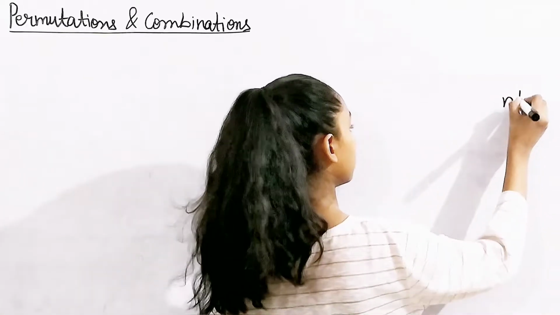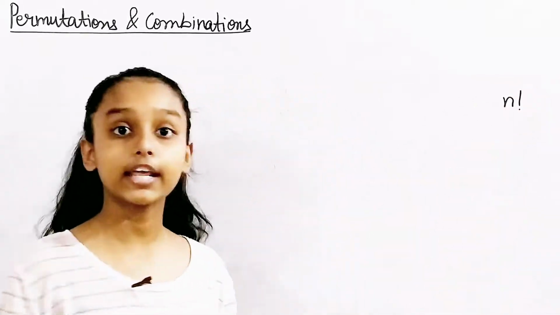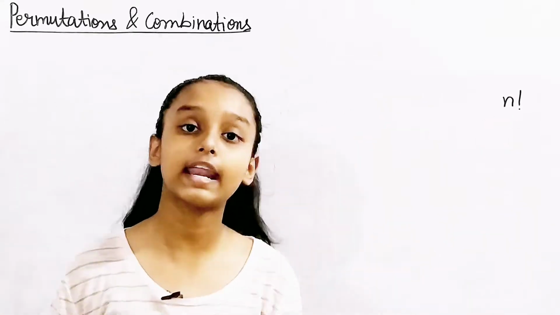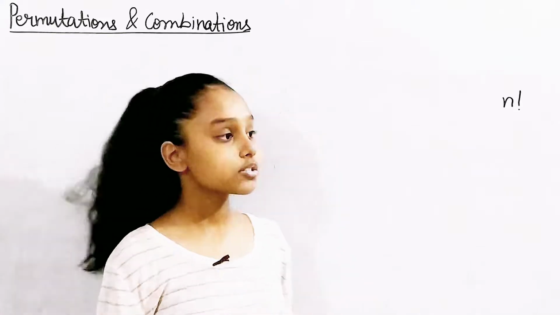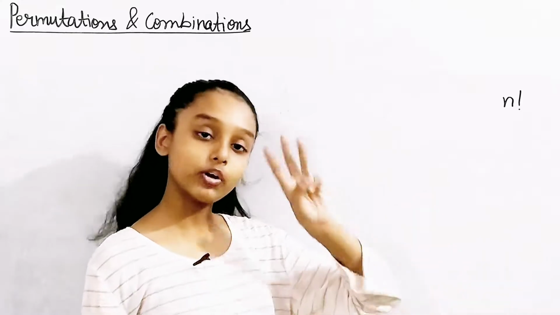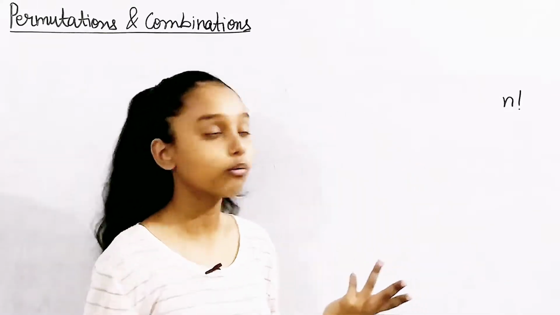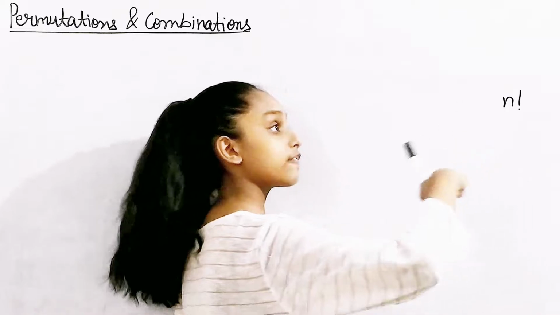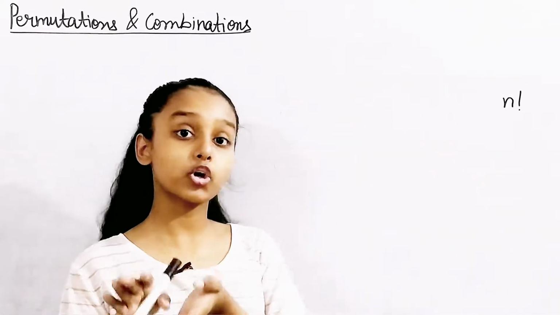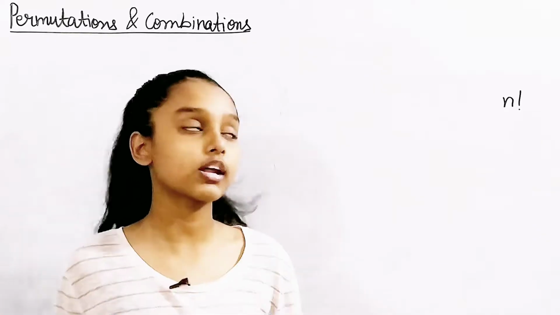What was factorial notation? So factorial notation is represented by n factorial. N factorial represents the product of first n natural numbers. If I'm going to say 3 factorial will be 6. How? I said the product of first n natural numbers. So the product of first 3 natural numbers.